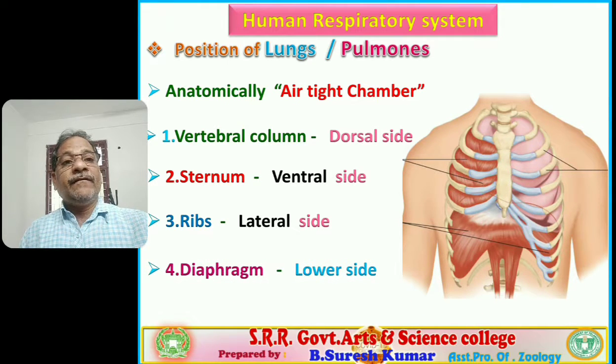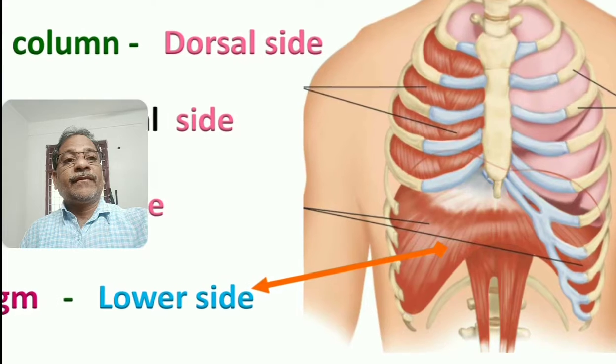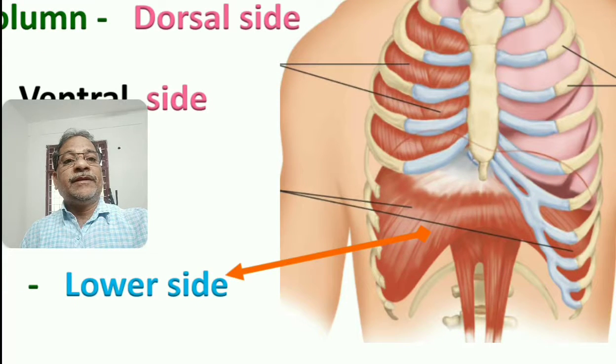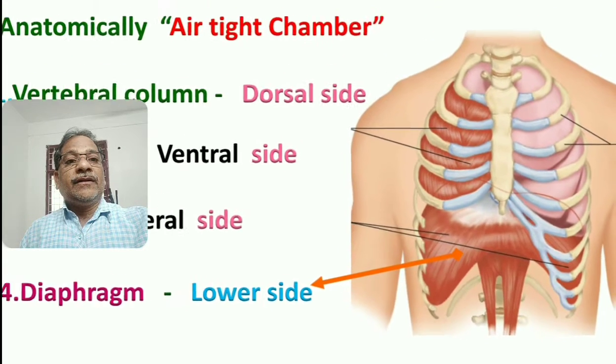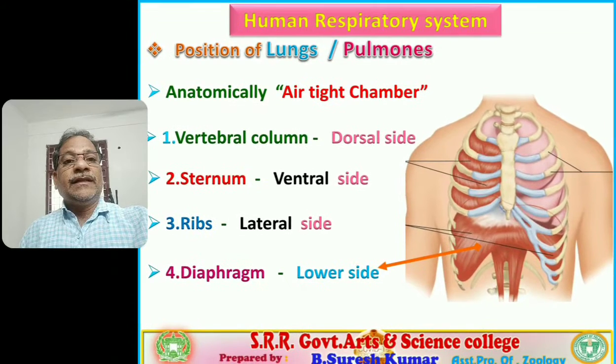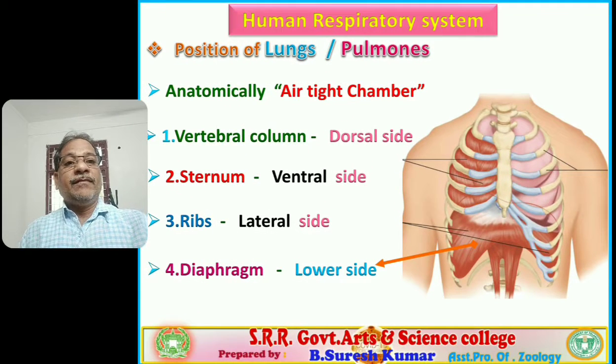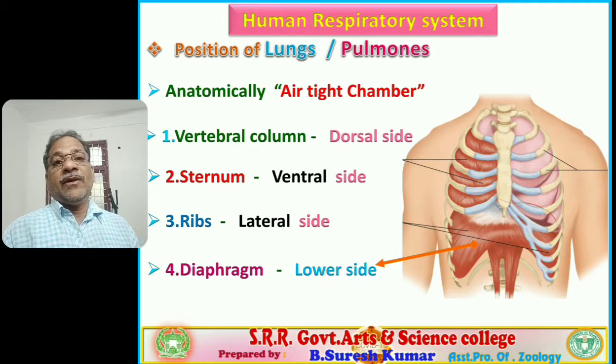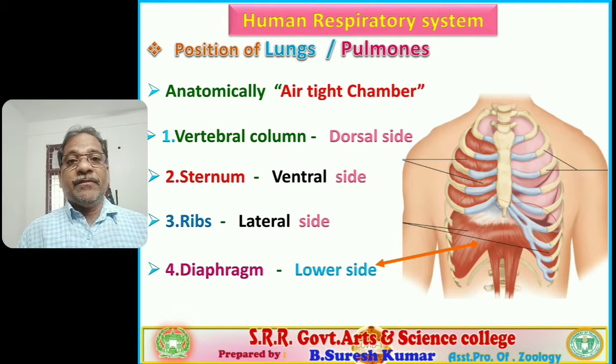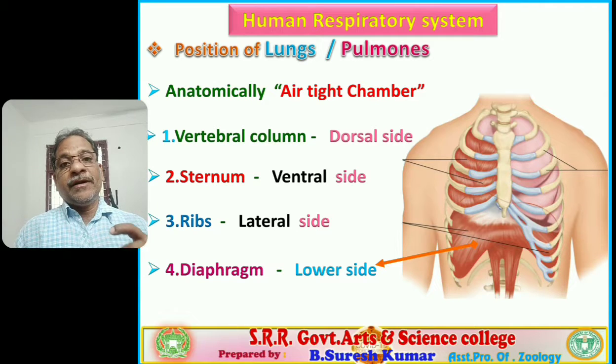And one more structure associated with that is the diaphragm, the muscular diaphragm at the lower side. You observe in this visual, the muscular diaphragm is present. Alright, so that muscular diaphragm remains at the lower side of the airtight chamber. So in the airtight chamber, what is accommodated?